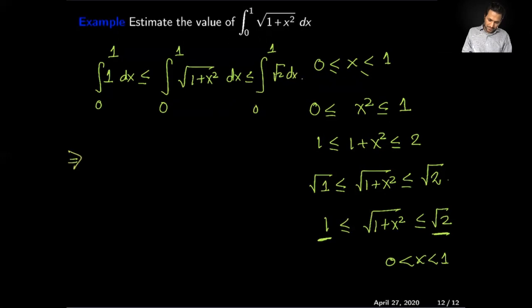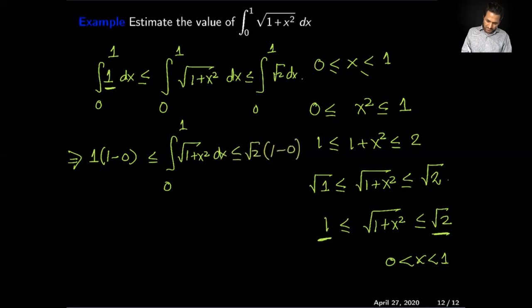We know the definite integral of a constant is the constant times the upper limit minus the lower limit.